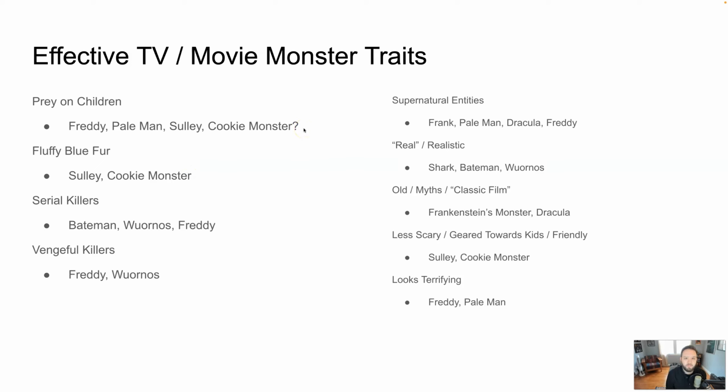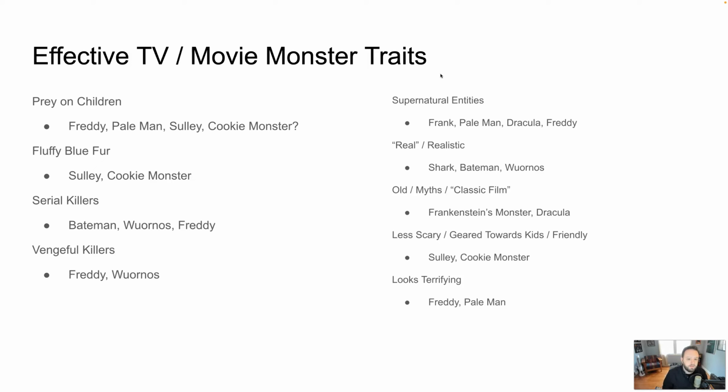On the very, very basic sense of things, we have some monsters that have fluffy blue fur. Some are serial killers like Patrick Bateman, Eileen Wuornos, and Freddy Kreuger. We have these vengeful killers in Freddy and Eileen Wuornos. We have supernatural entities like Frankenstein's monster, the Pale Man, Dracula, and Freddy Kreuger.